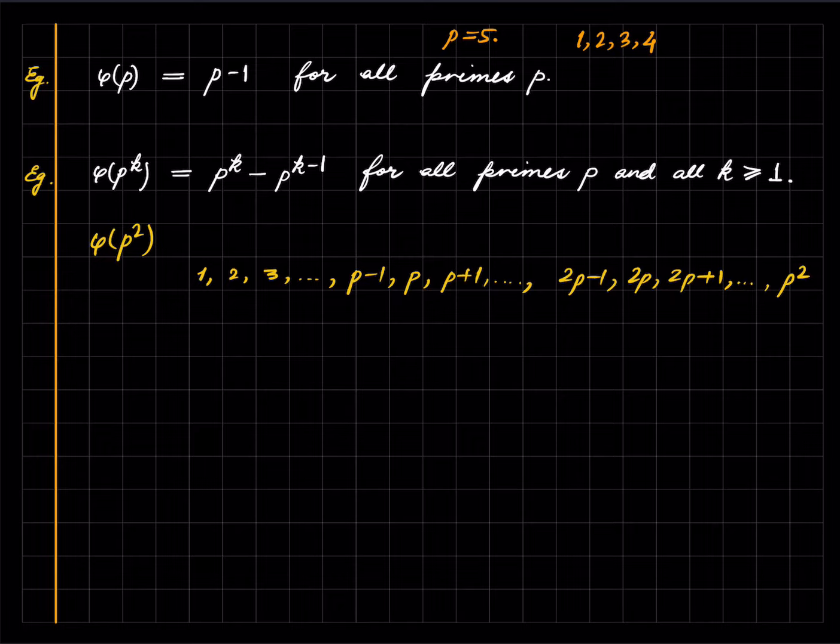Right? So what I'm saying is the following. I'm saying that GCD of a comma p square is 1 if and only if GCD of a comma p is 1.